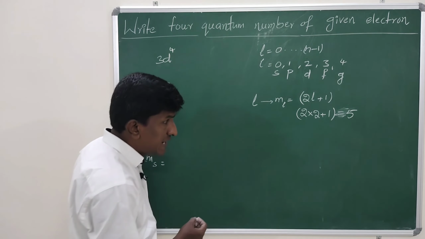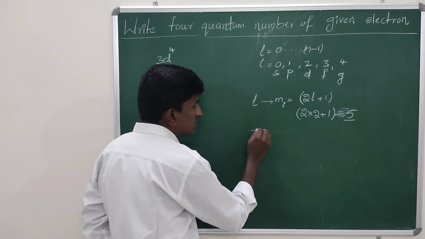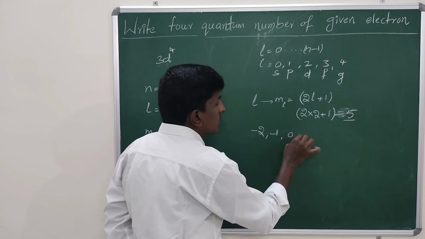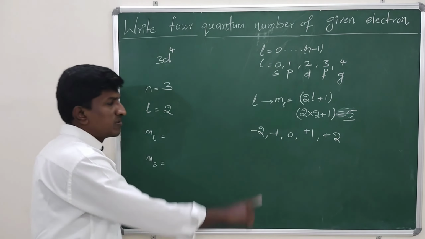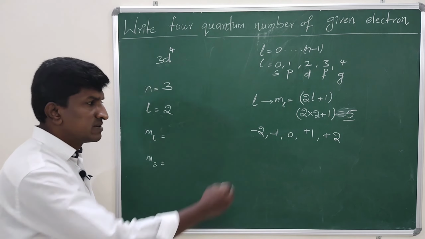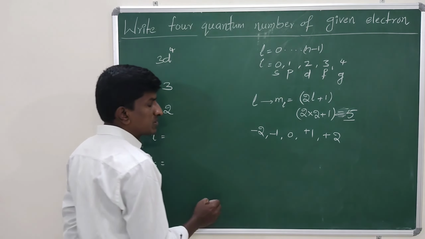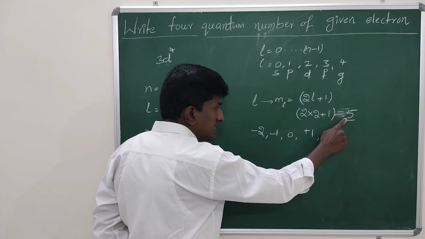What are those values? 5 values, and depending on l they start from minus l to plus l, the minimum value minus 2 and the maximum value plus 2, depending on the angular momentum quantum number. So the magnetic quantum number divides into 5.